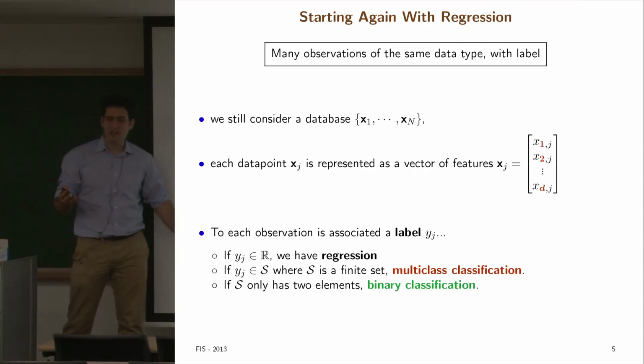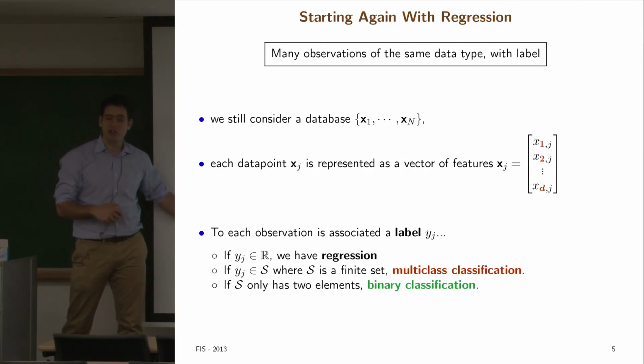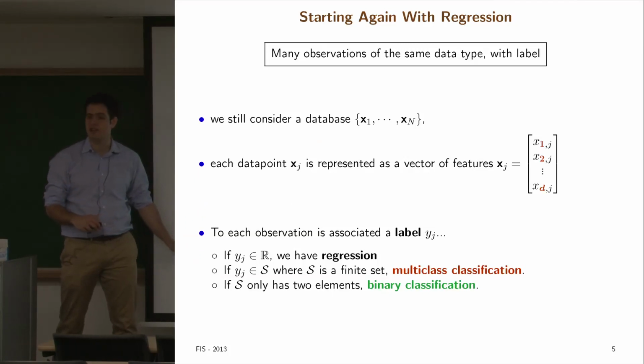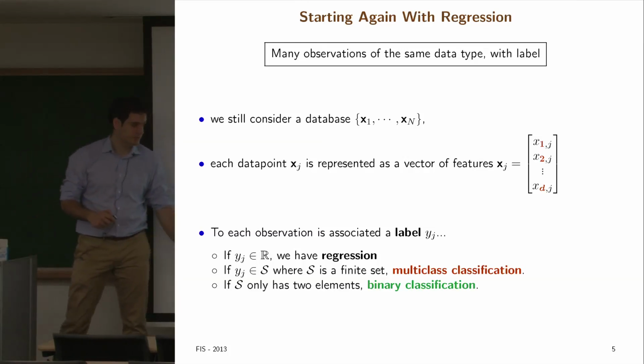Now, classification is concerned with the case where y_i is not a number anymore, but an element taken from a set which is finite. When the set is finite and has many elements, it's called a multi-class classification task. If S only has 2 elements, we call this binary classification.